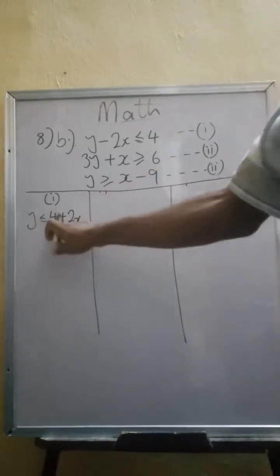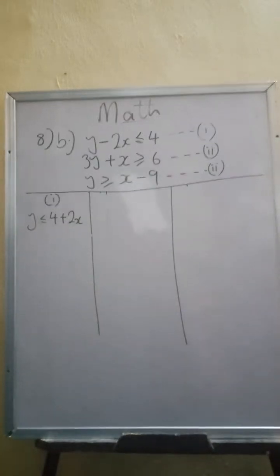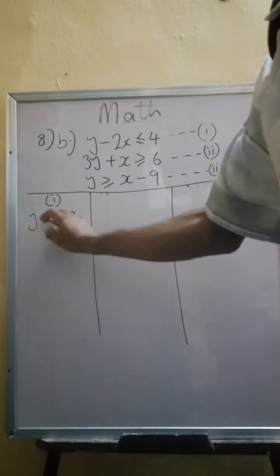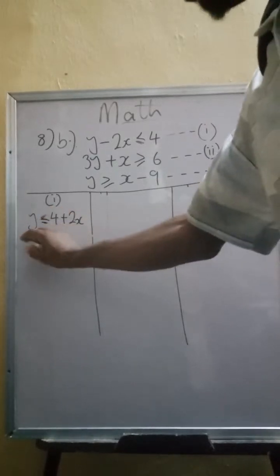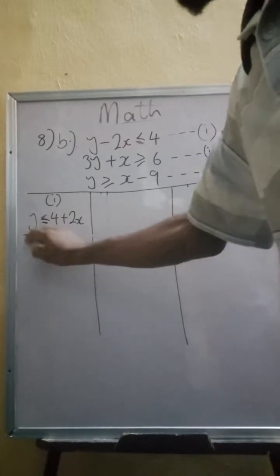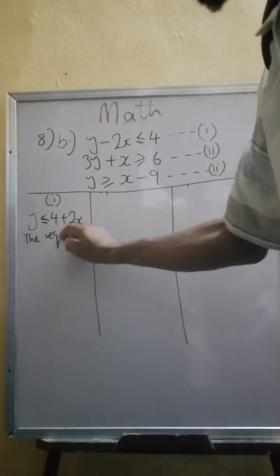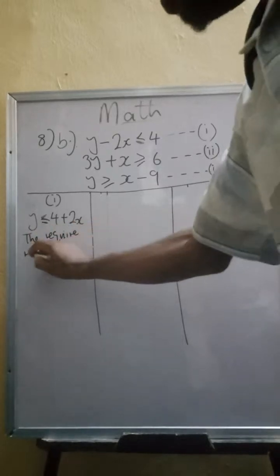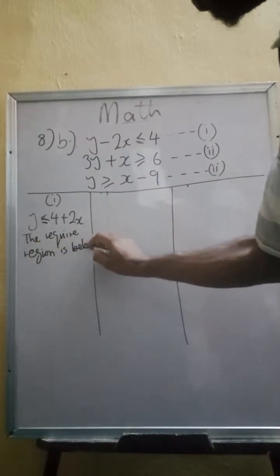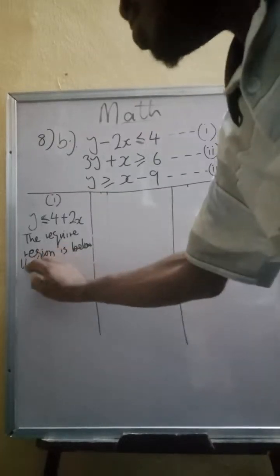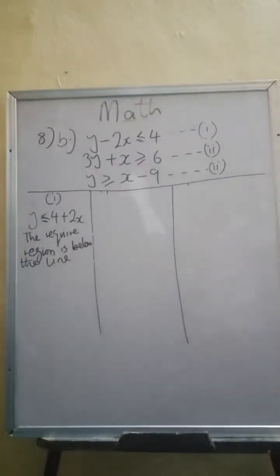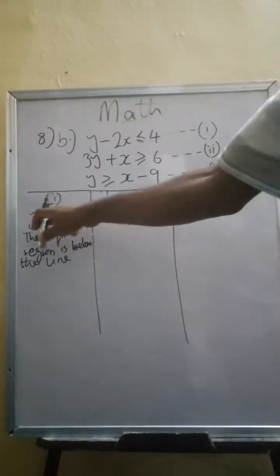Okay, so we've identified that. So the required region is below the line. It has been identified from the inequality.